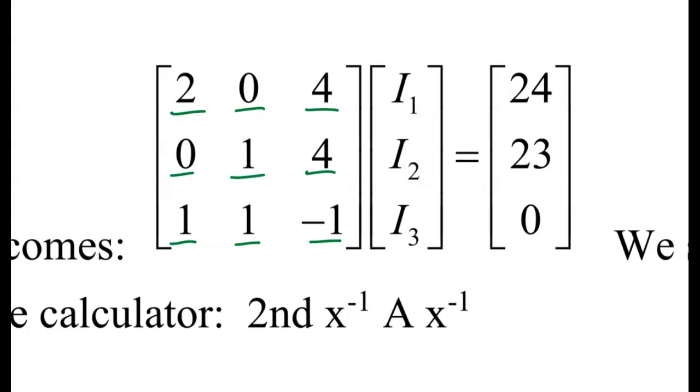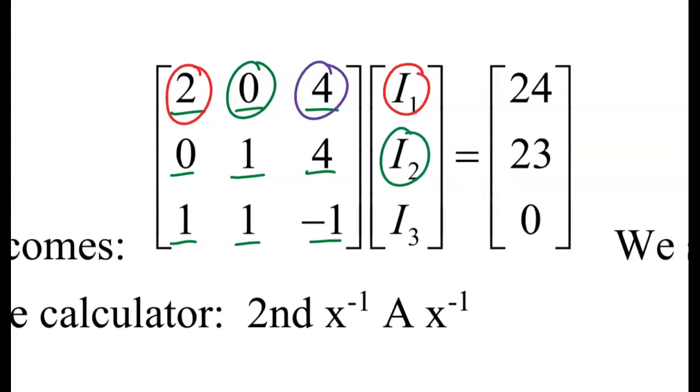So how this will actually multiply out is the first entry in the first row times the first entry in the first column, the second entry in the first row times the second entry in the column, and the third entry in the first row times the third entry in the column.